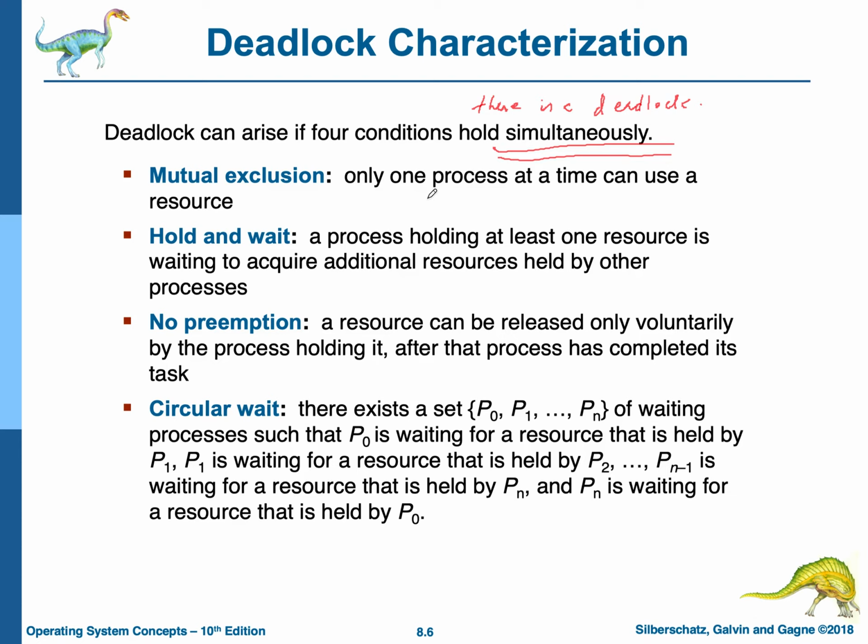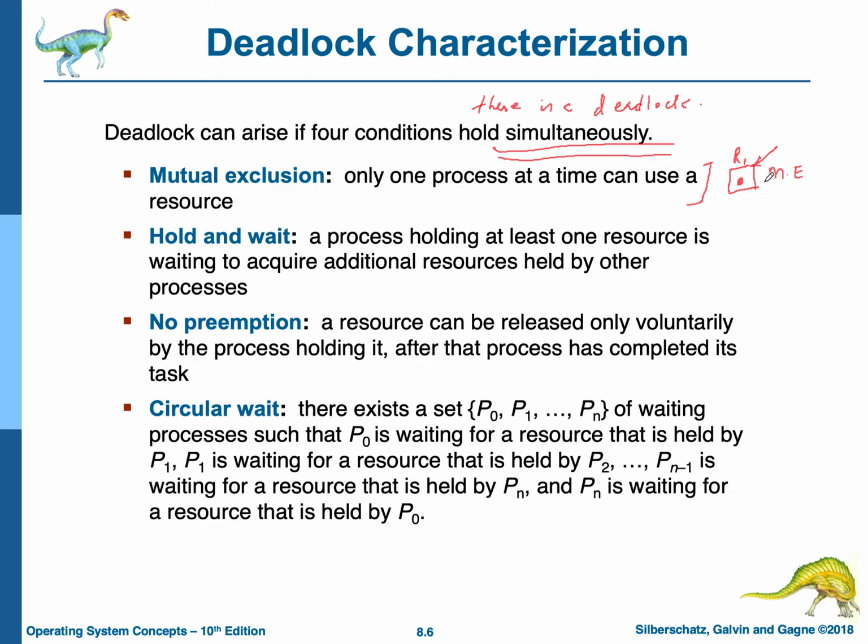The first one is mutual exclusion: only one process at a time can use a resource. This is what we studied in the previous chapter. If this is resource 1 and it has only one instance, that is the condition of mutual exclusion, where 2 or more processes are trying to access this resource.